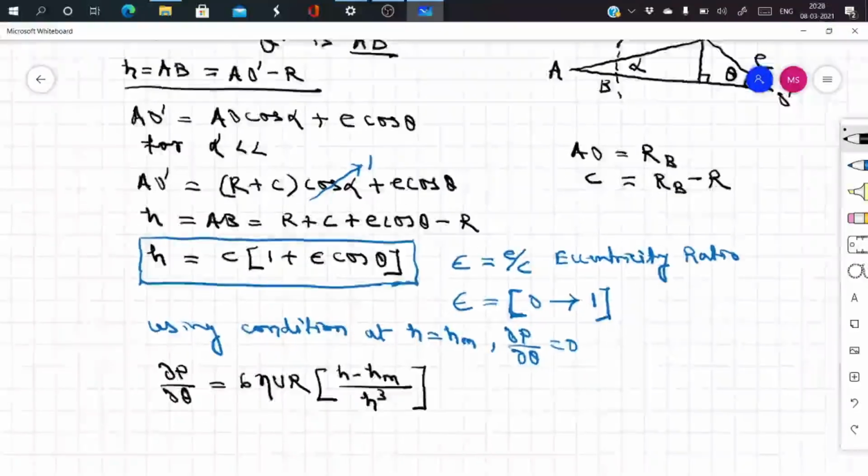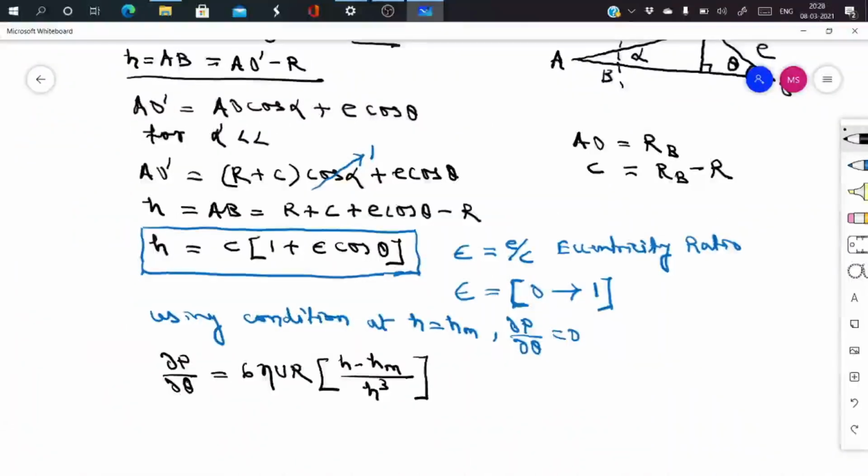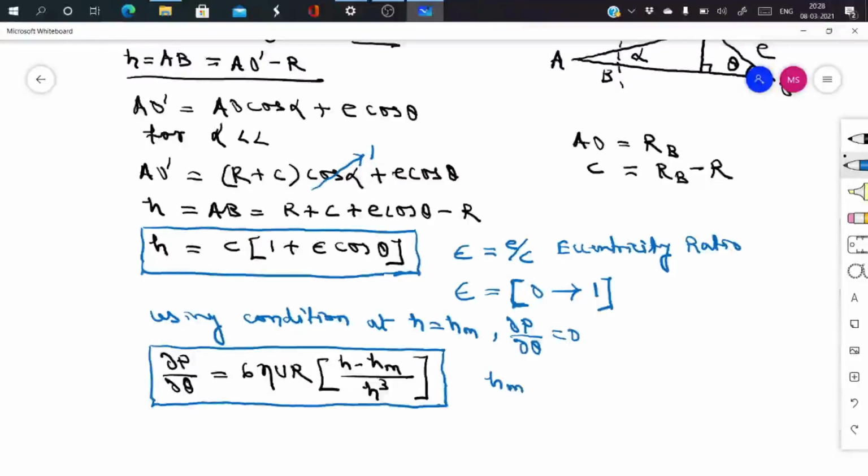So this is the governing equation for one-dimensional infinitely long journal bearing. Here HM is an imaginary quantity that needs to be evaluated.